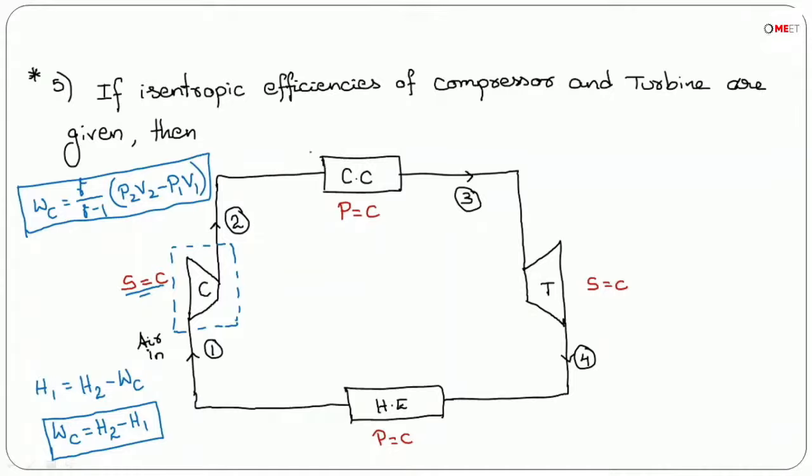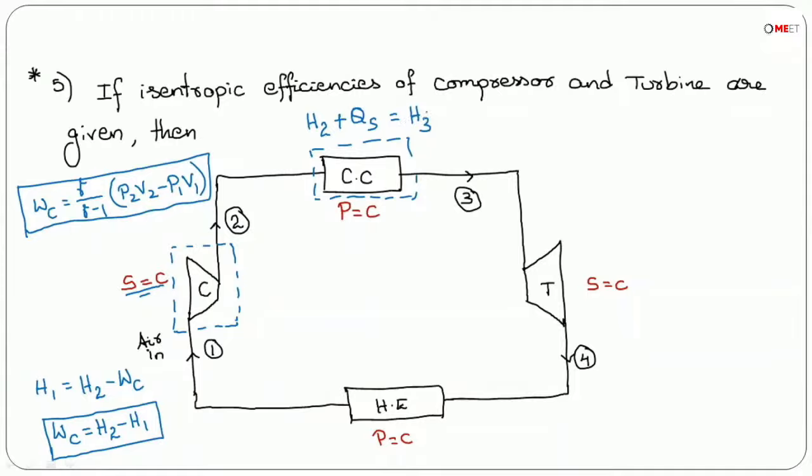Now let us consider this combustion chamber also as a control volume or open system. Here H2 is the enthalpy with which air enters the combustion chamber. This air gets heated at constant pressure. Let us consider Qs as the amount of heat supplied. As a result, the temperature increases at constant pressure. As the temperature increases, internal energy increases.